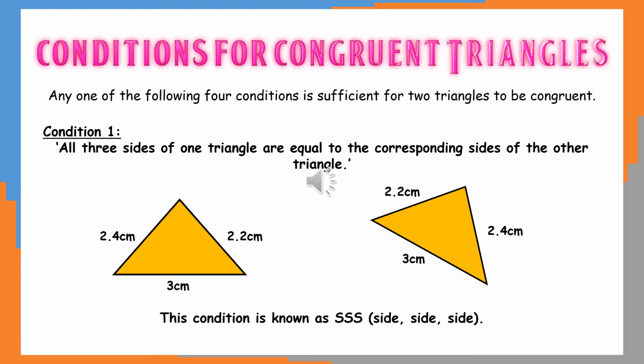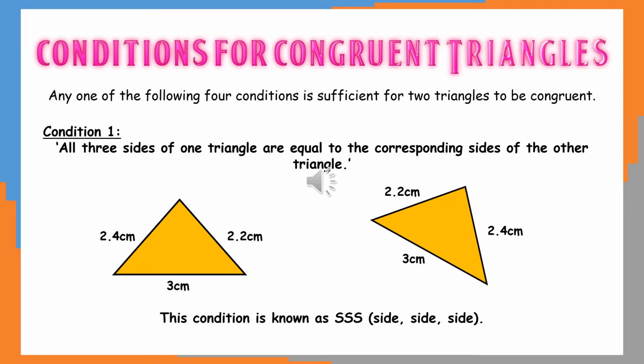The first side here is 2.4 centimeters, corresponding to the side in the second triangle of 2.4 centimeters, and the second side is 2.2 centimeters, corresponding to 2.2 centimeters in the other triangle, and the third side 3 centimeters corresponds to the third side in the other triangle, 3 centimeters.